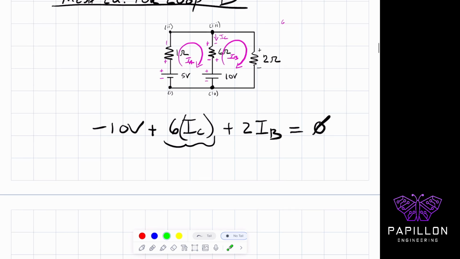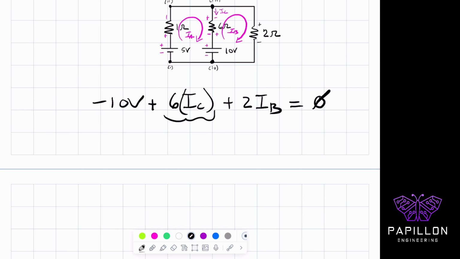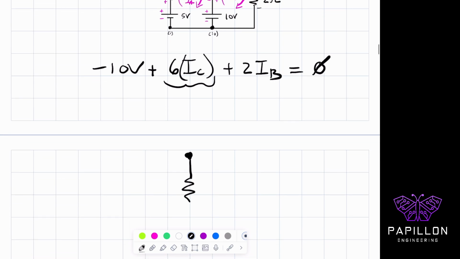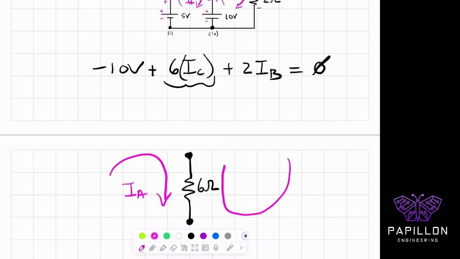So how can that be? Let's try to understand it a little more clearly. I'm going to draw for you the 6 ohm resistor that exists in the center. What it appears like to the 6 ohm resistor is that IA is traveling like this, and it appears to it that IB is traveling like this.